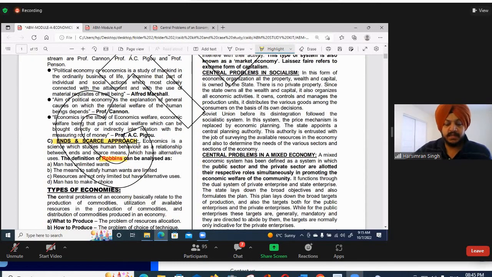This means that the needs of humans are infinite, but the resources are limited. Man has unlimited needs, but the resources in the economy are limited. This is known as the ends-scarce approach.